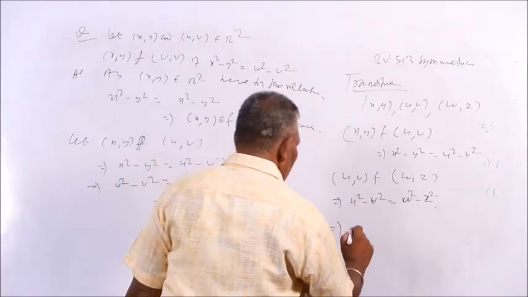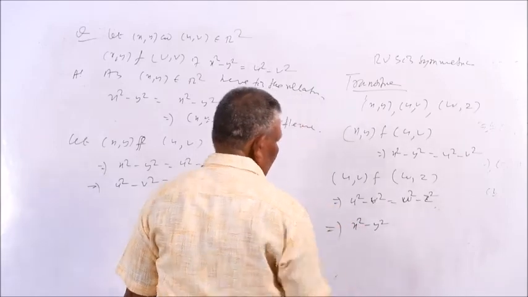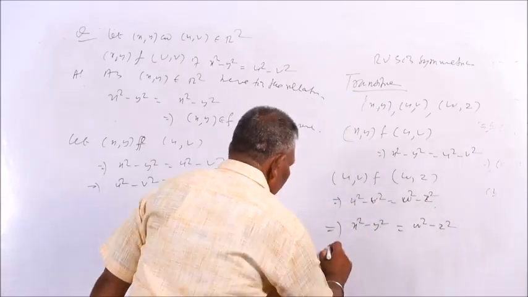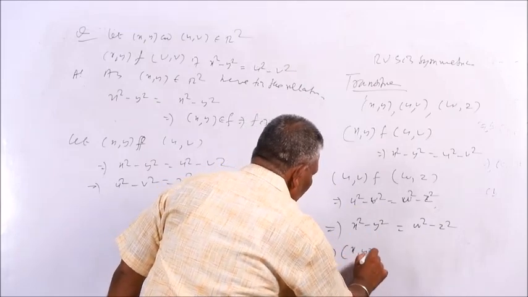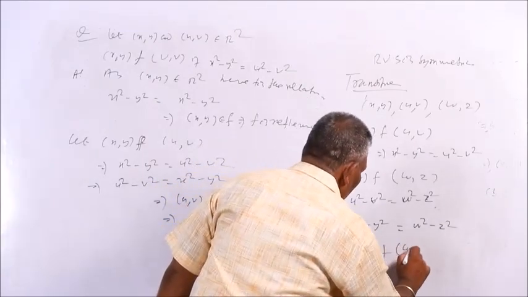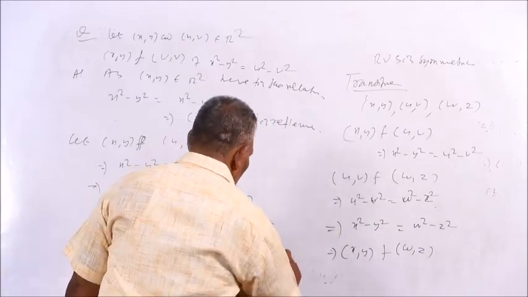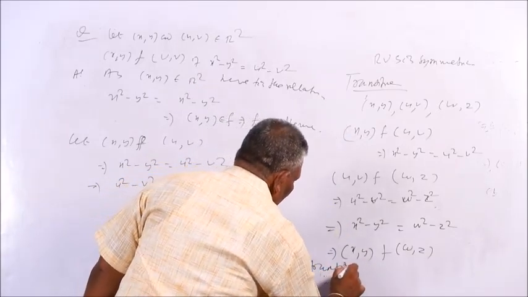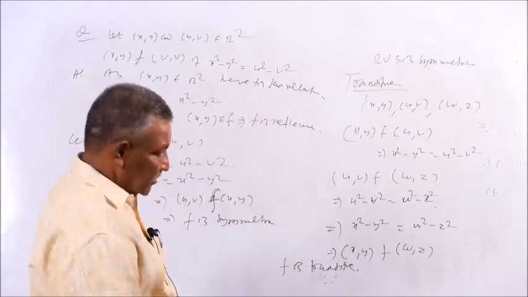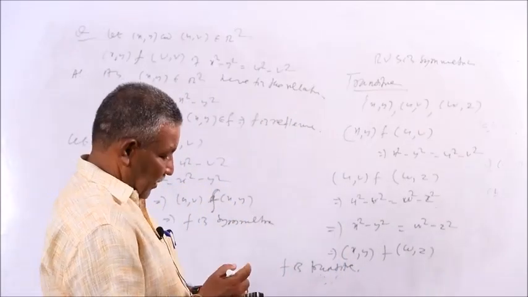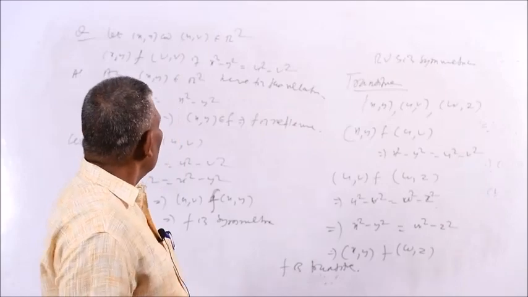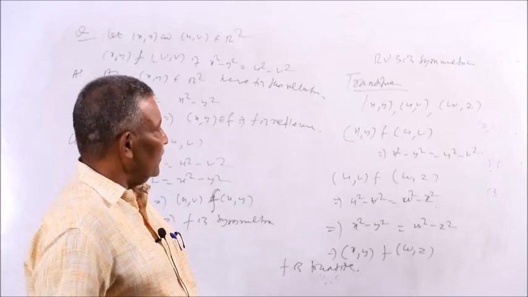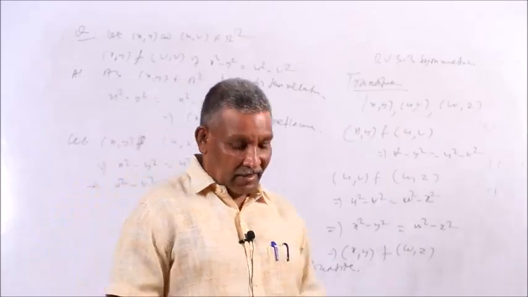That implies x square minus y square equals w square minus z square, implies the ordered pair (x, y) is related to (w, z). So f is transitive. So this relation, (x, y) related to (u, v) if and only if x square minus y square equals u square minus v square, is an equivalence relation. Thank you all students.